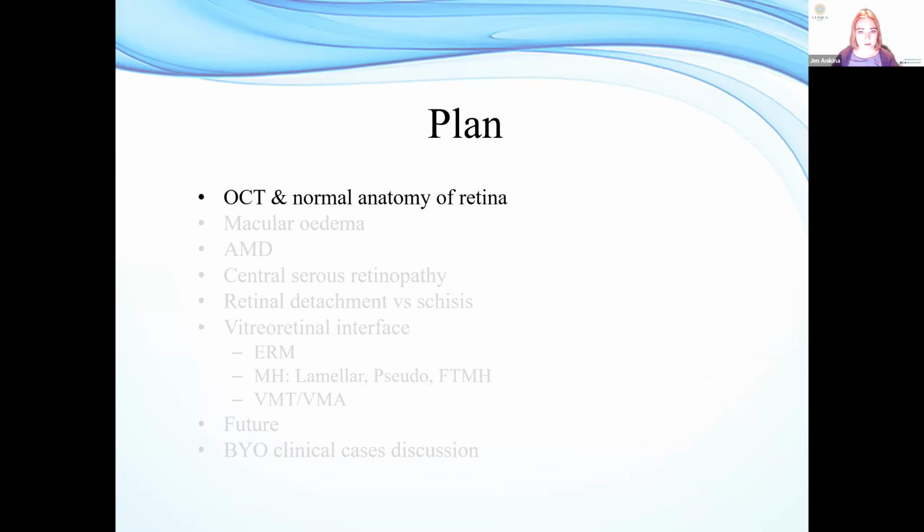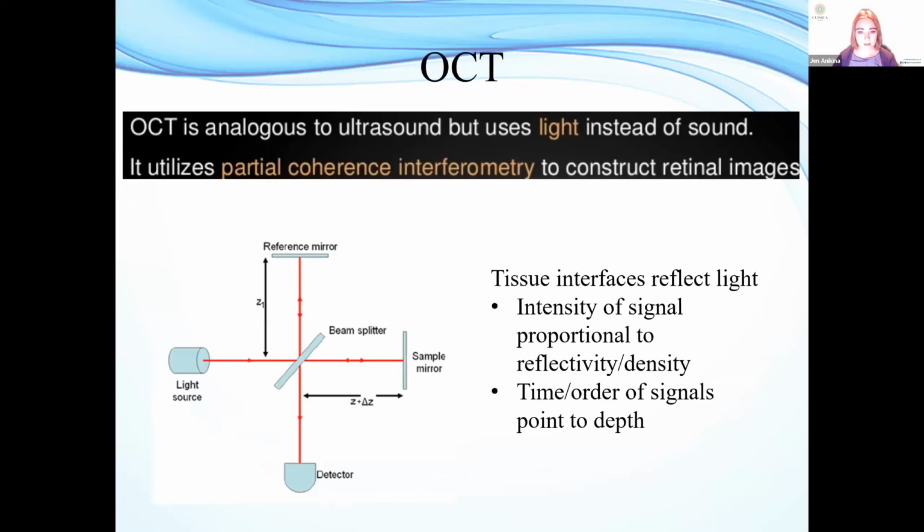So, OCT and normal anatomy of the retina. Here's a picture a lot of you may have seen about how OCT works. OCT is basically ultrasound with light. It sends light rays out, bounces them off a surface, and picks up the result, and through some clever calculations, it works out what it's looking at.